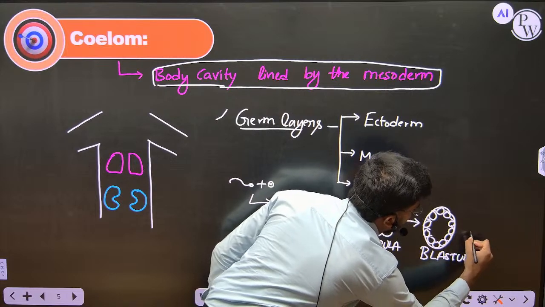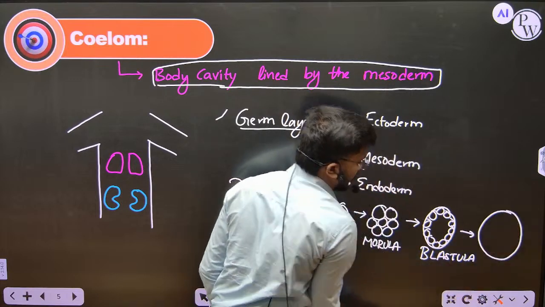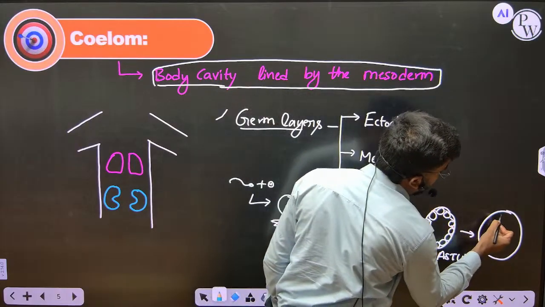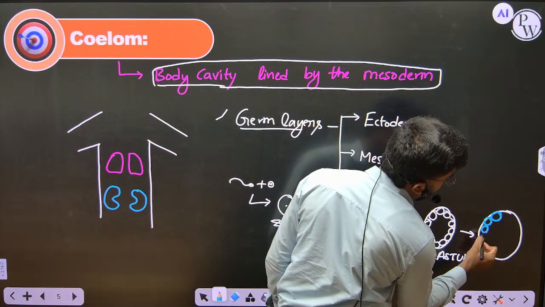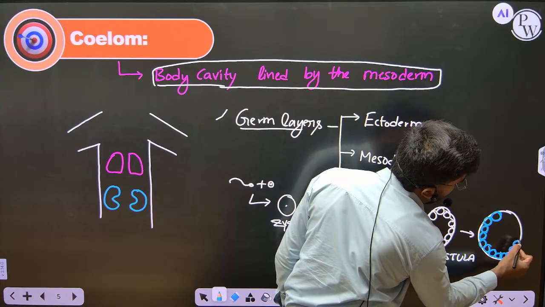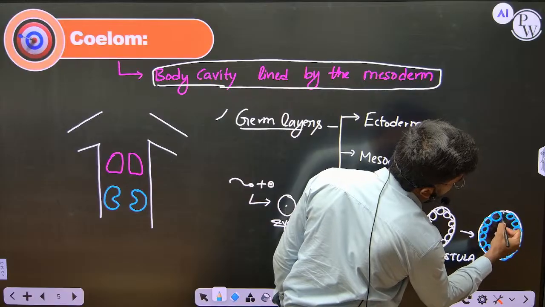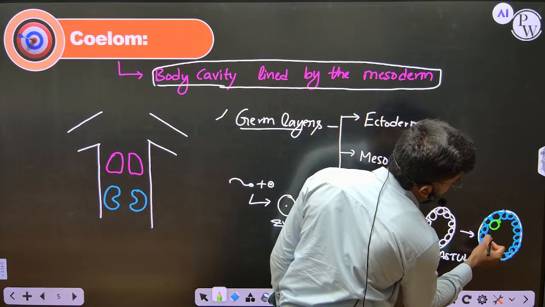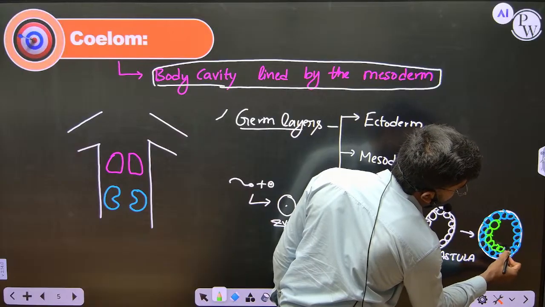This blastula further converts into gastrula. Here we will notice three germ layers. I am drawing a rough diagram here. This outer layer, I am calling it ectoderm. The middle layer, I am calling it mesoderm.